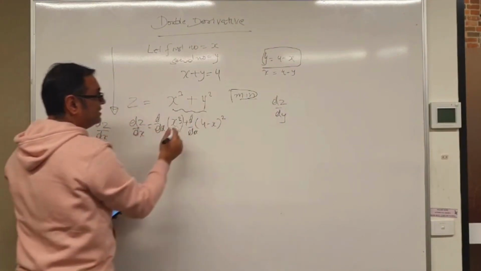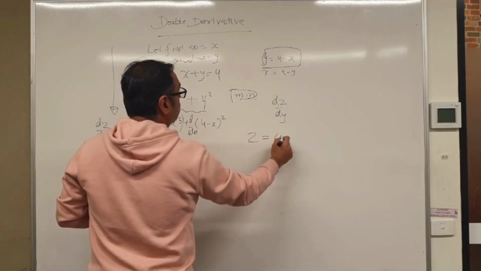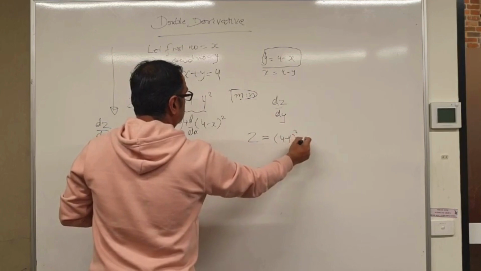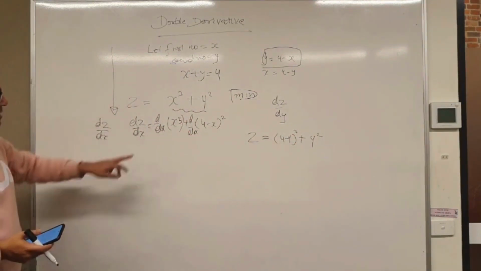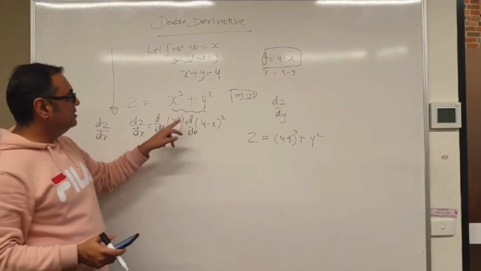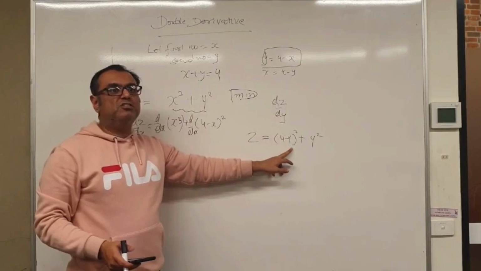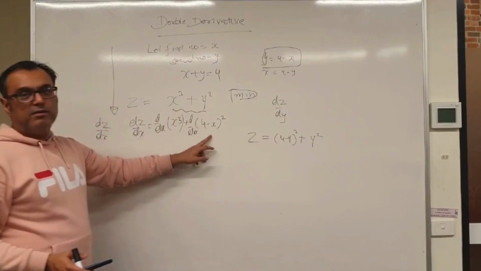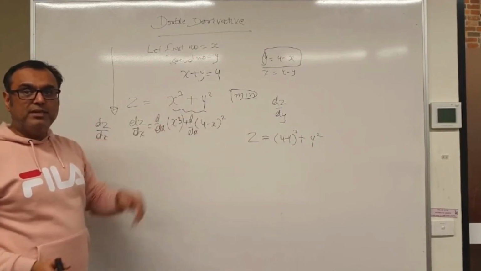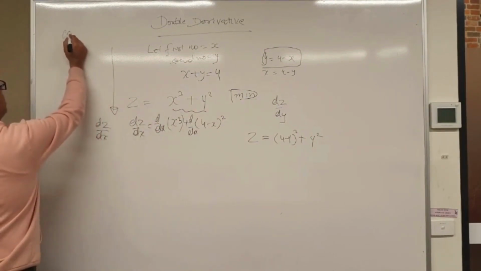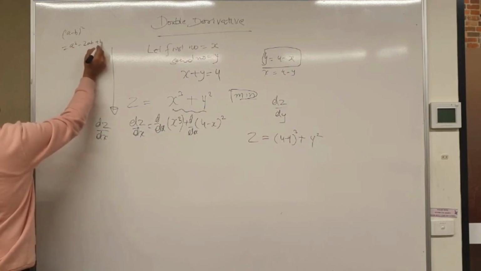But if you plugged in x, then your function would be z equals (4 minus y) cubed plus y squared. Now, the problem is you need to expand the cubic, which is not that straightforward. Expanding squares is easy, using the a minus b whole squared formula, a squared minus 2ab plus b squared.